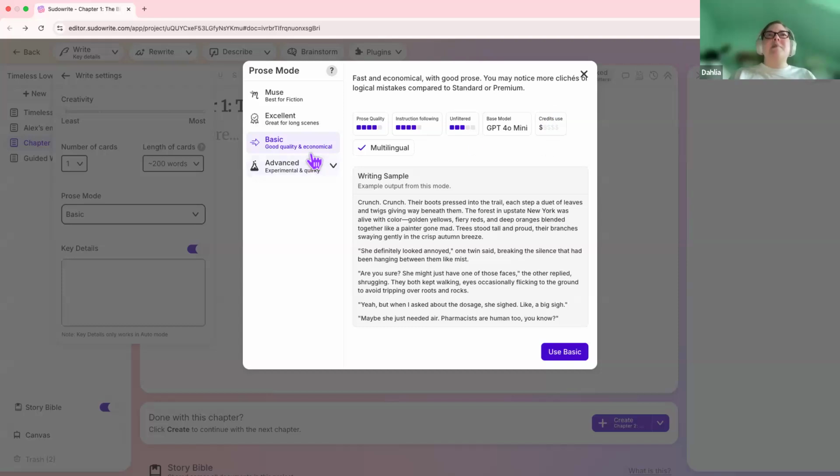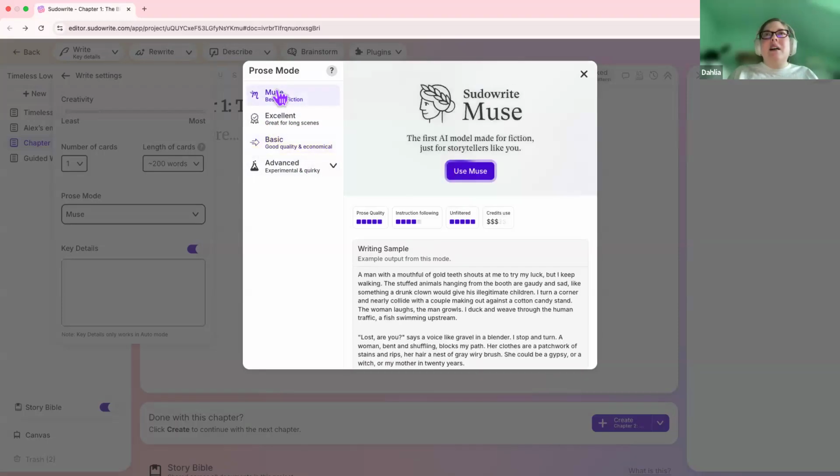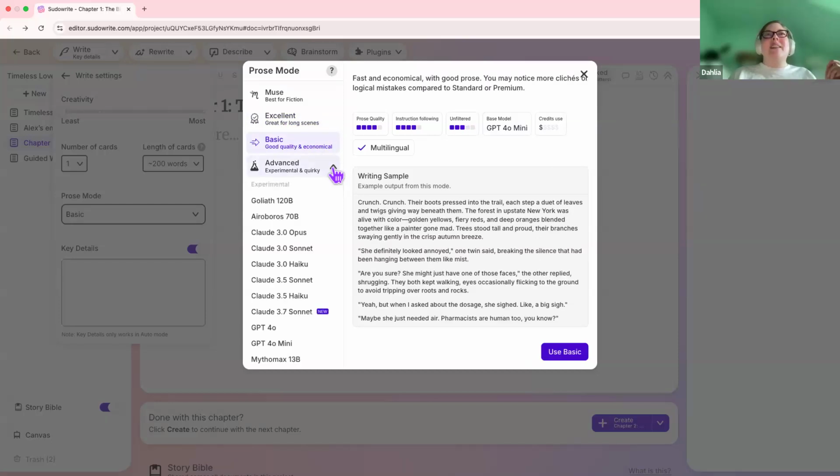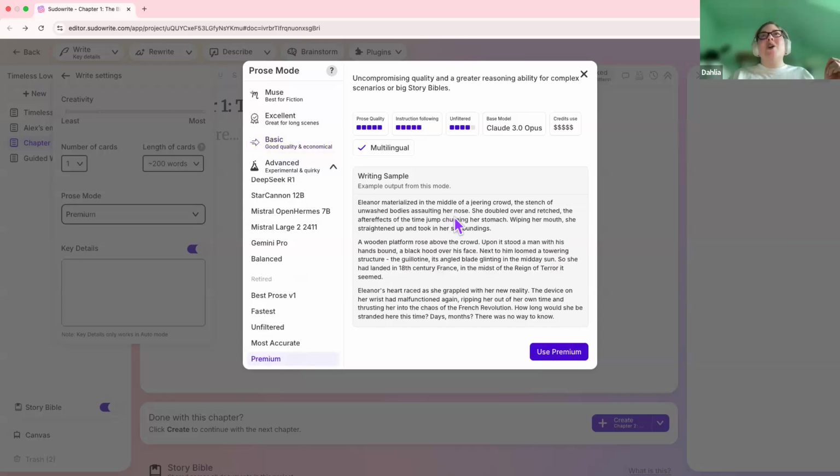In this case, basic is a model that gives you good quality and is quite economical while doing this. So it's one dollar sign. On the other end of the spectrum, it's not up there anymore. There used to be down here, so it's not here. Premium, which is a very, very expensive model.